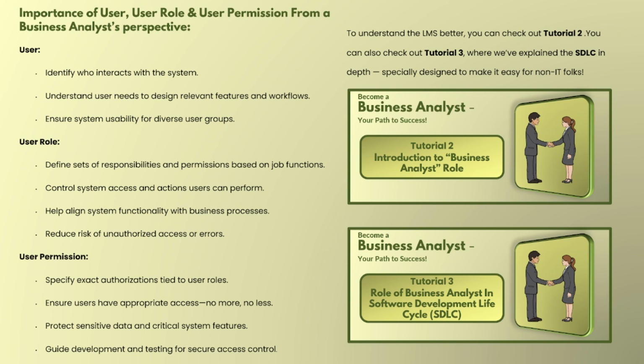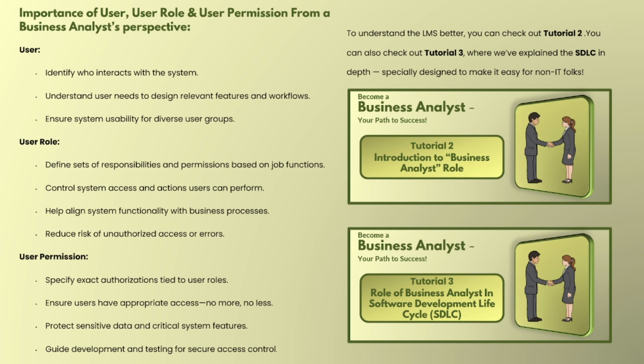User role defines sets of responsibilities and permissions based on job function, controls system access and actions users can perform, helps align system functionality with business processes, and reduces the risk of unauthorized access or errors. User permissions specify exact authorization tied to the user roles, ensure users have appropriate access, no more, no less, protect sensitive data and critical system features, and guide development and testing to secure access control.